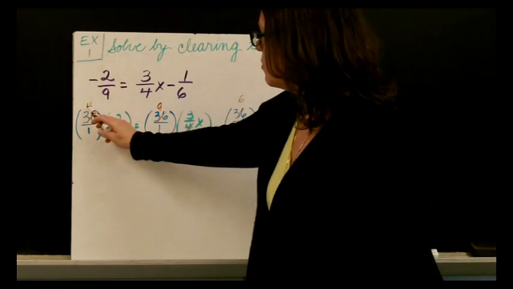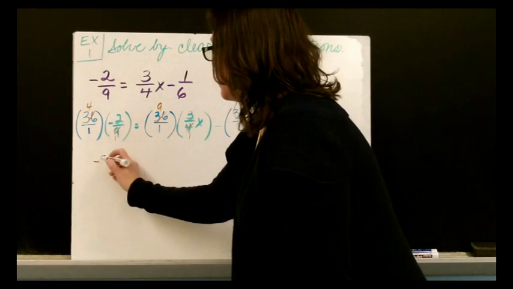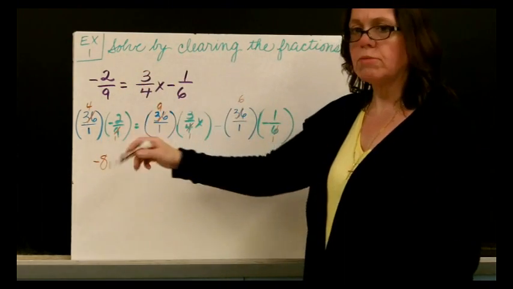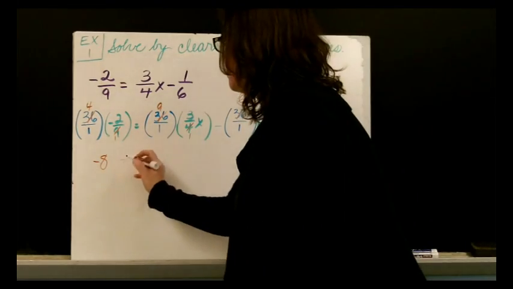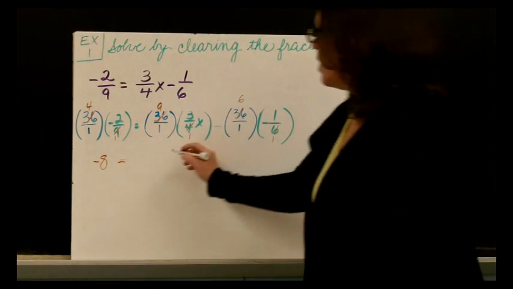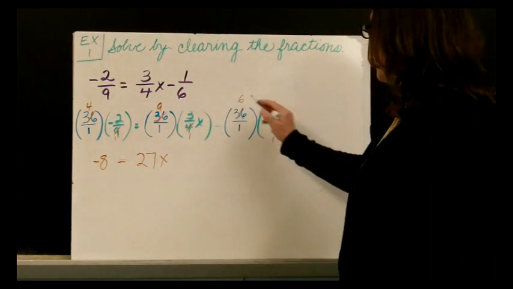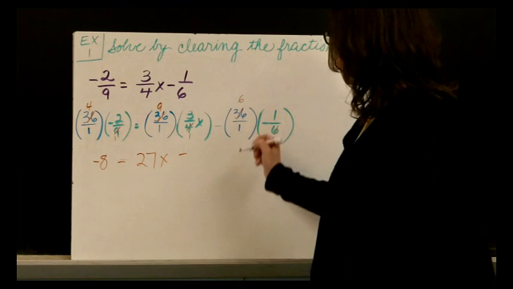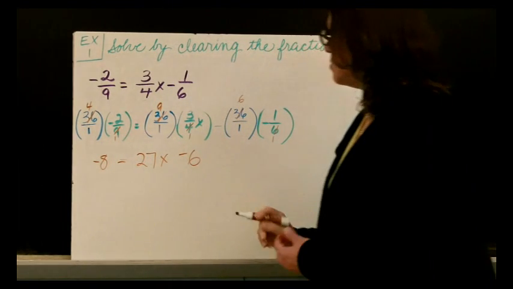So now what we have is 4 times a negative 2, which is negative 8. It's actually negative 8 over 1, but I'm just going to go ahead and skip that step and go right to the simplifying. Next, we have 9 times 3x over 1, which gives us 27x. And then 6 times negative 1, which is negative 6.